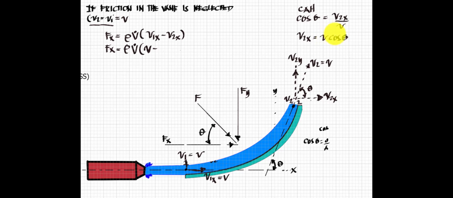So we can substitute this into the equation. We have now your V, so that will be V cosine of theta. Furthermore, we can factor this one.